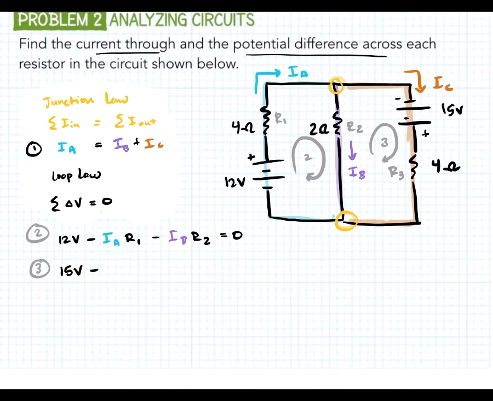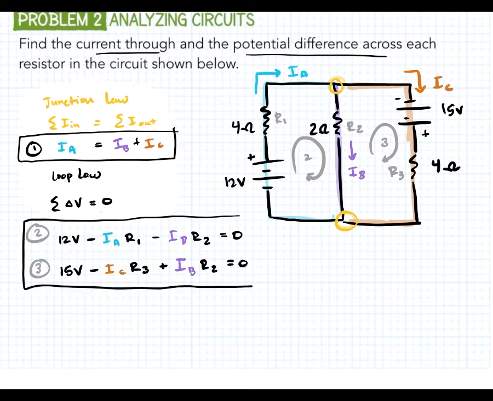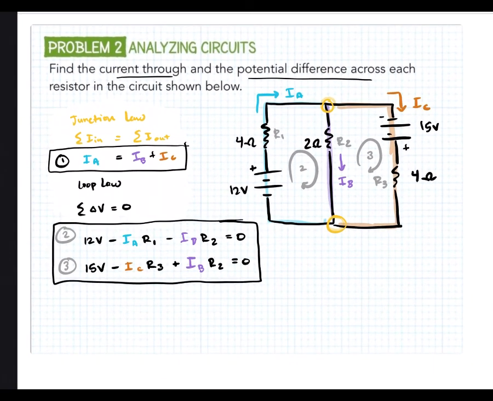So that's minus IC R3. And then finally we get back to R2. But here you'll notice the current through R2 goes down while the direction of travel goes up. So in this case we end up with plus IB R2. And now we have 3 equations and 3 unknowns. All right, so we're going to zoom out a little, and then we're going to deal with just these equations.